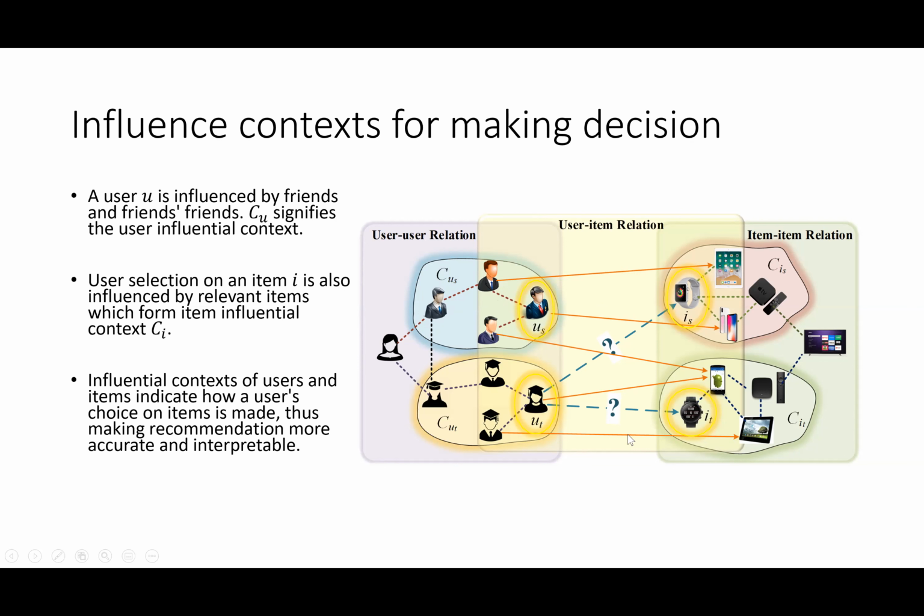And similarly for items, given an item, you can measure similar items, and each item may have a different context, and that context is needed to measure the item-item relationship. Right? And then further we build the user-item relation.